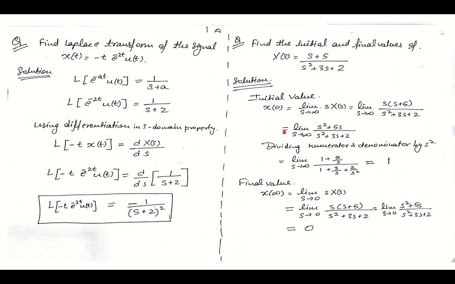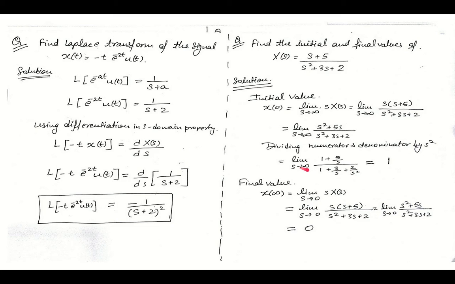Now it will yield limit s tends to infinity s square plus 5s upon s square plus 3s plus 2. If we put infinity here, it will be infinity by infinity. To remove that, we divide numerator and denominator by s square, so we have 1 plus 5 upon s upon 1 plus 3 upon s plus 2 upon s square.